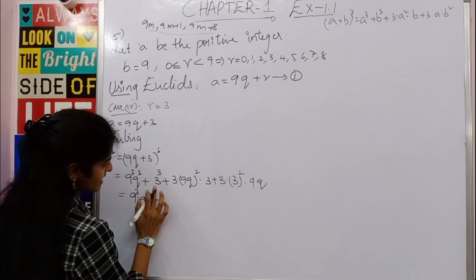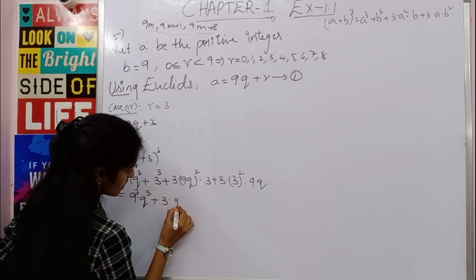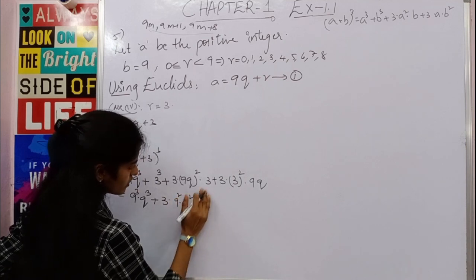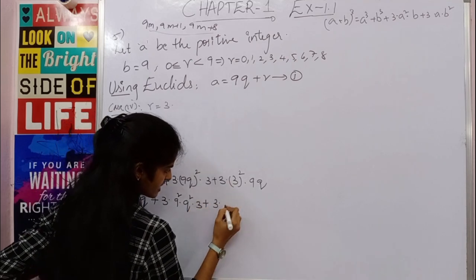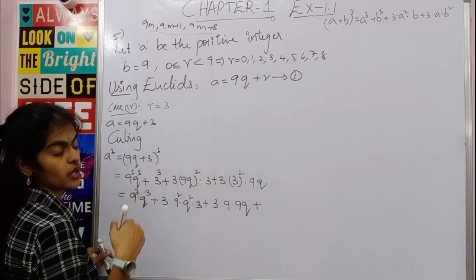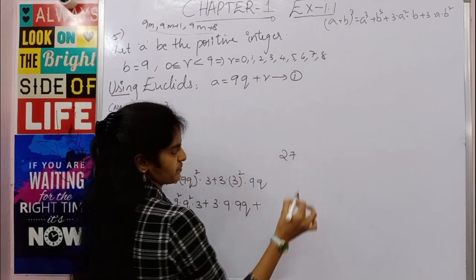Here you have 9 cube q cube. Plus, let me take 3 cube to the end as usual. So you have 3 into 9 square q square into 3. There is another 3 here, plus you have 3 multiplied by 3 square is 9 multiplied by 9 cube, and plus you have 3 cube. What is 3 cube? 3 cube is nothing but 27.